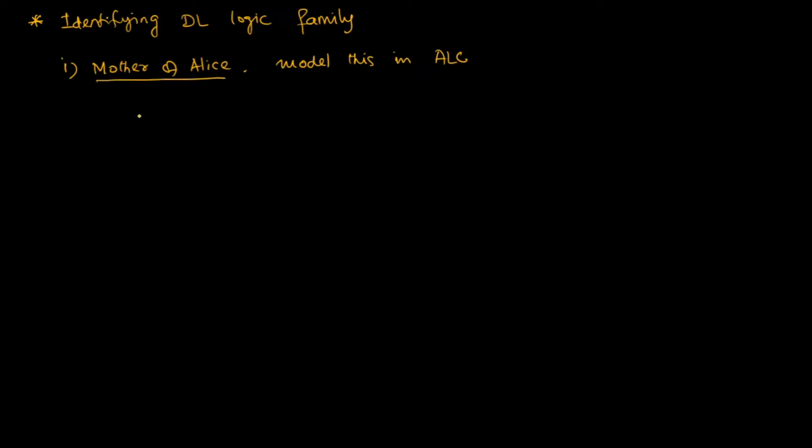If we are just assuming that this is a concept which is equivalent to female, so mother is a female, and as the person is a mother, has child, and at least one child should be Alice, but Alice is one individual, so you cannot just directly write Alice. So you need to convert this into nominal first, then you put that individual inside that nominal. So this is the way you can represent this concept.